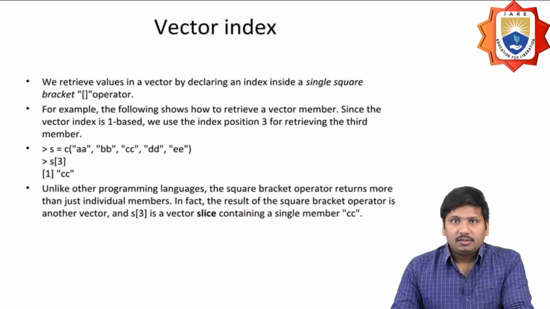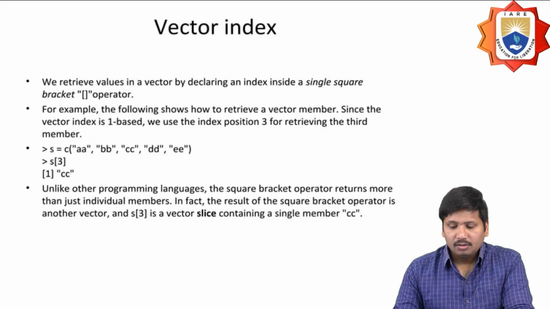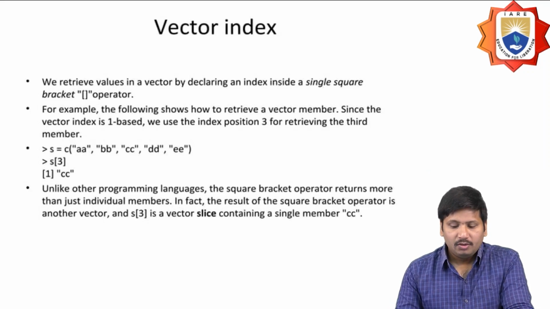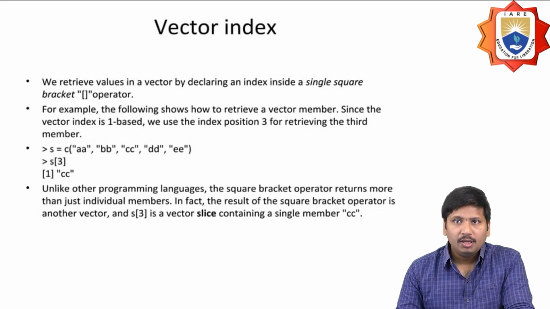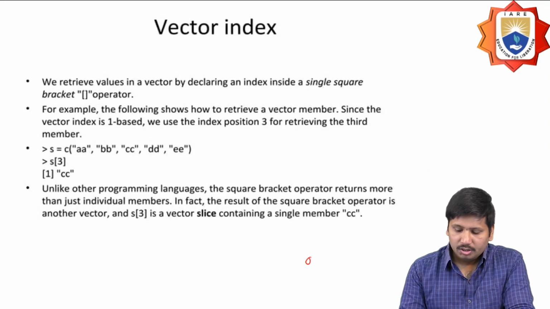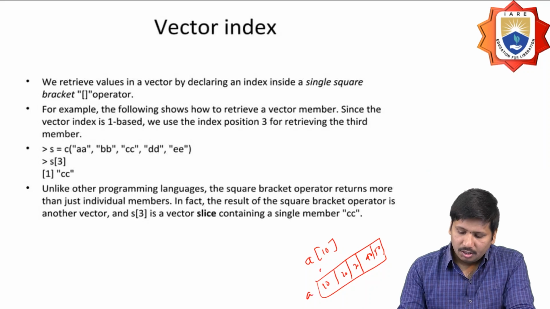Then vector indexing. How can I do vector indexing? In order to retrieve the values in the vector, we have to declare an index inside the single square bracket operator. Normally, in C programming, if I declare an array of the values 10, 20, 30, 40, and 50, indexing starts with 0.